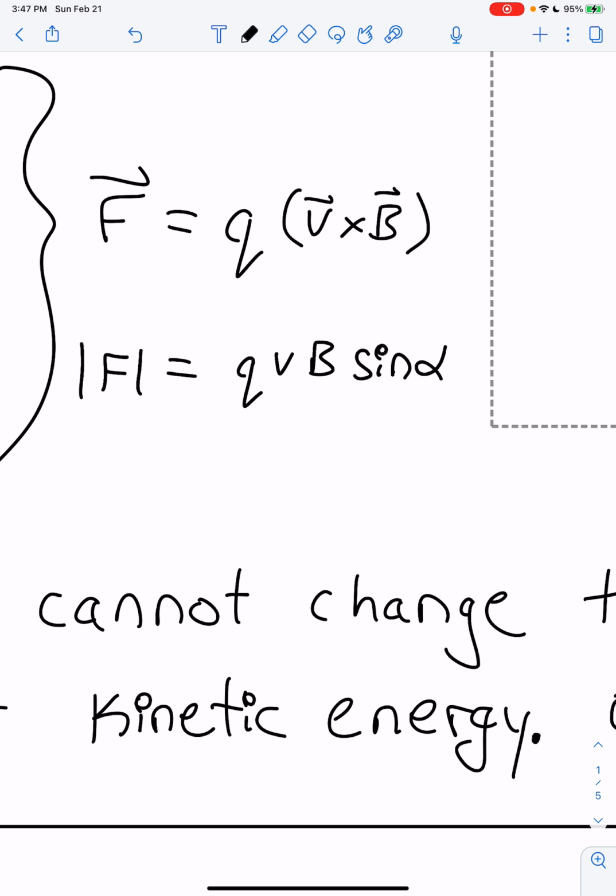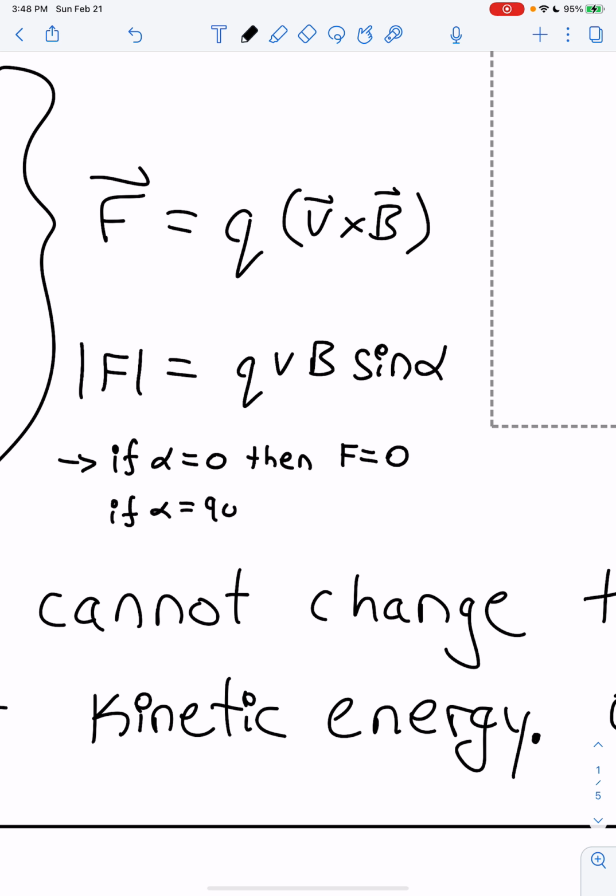Let's recognize that if the angle is 0, then the force is 0. And if the angle is 90, then the force is maximum. In that case, we wouldn't need that sine term at all, because sine of 90 is 1.